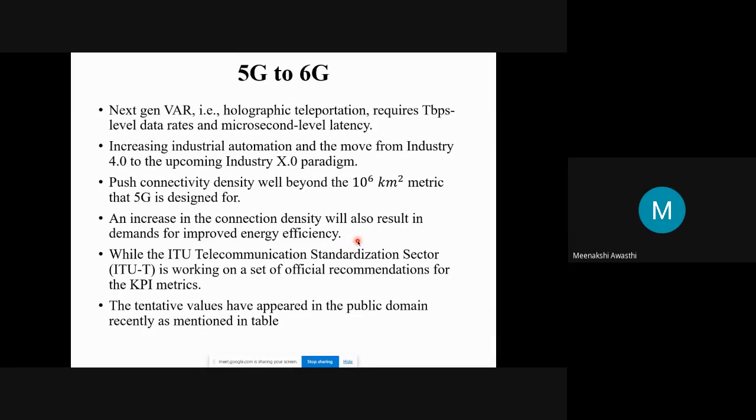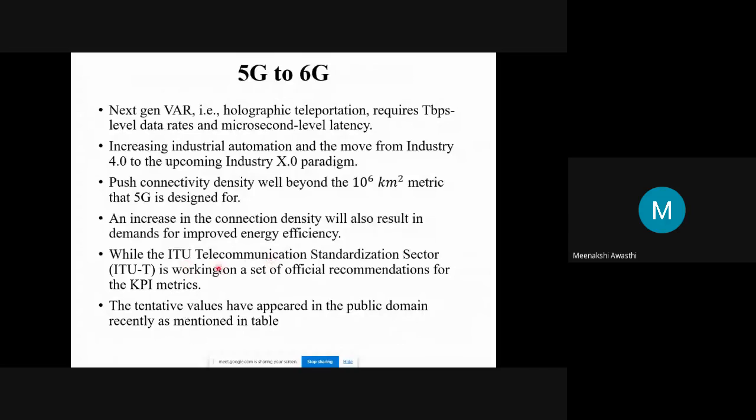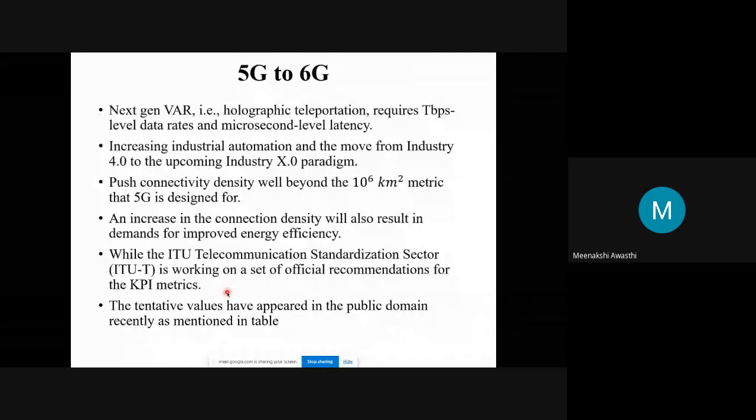You all must know that the ITU basically designs and recommends all the specifications which we use in wireless communication. ITU is still working on a set of official recommendations for the KPI metrics for 5G.